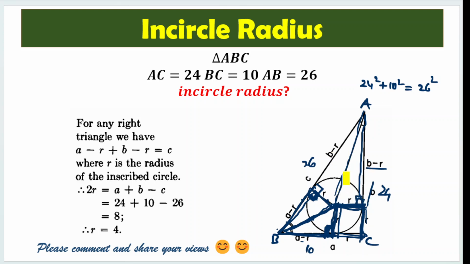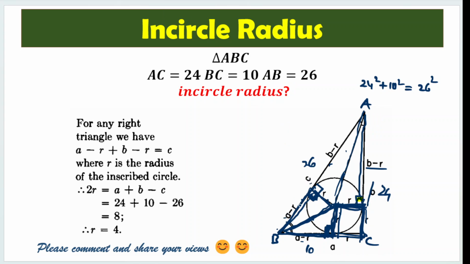Two sides are the same and one of the angles is a right angle, so obviously the third side is also the same. These two triangles are also congruent. What does that mean? If this is b minus r, this also will be b minus r.